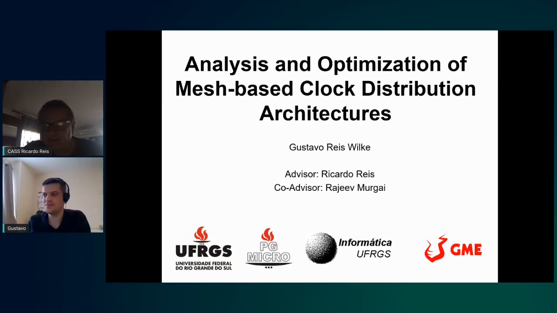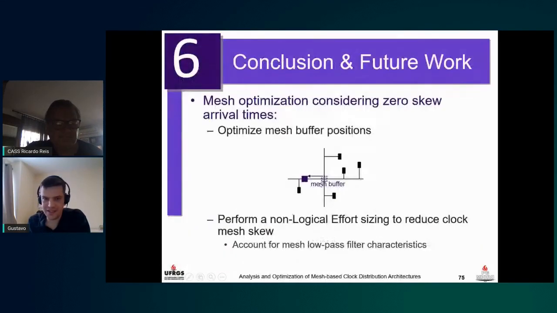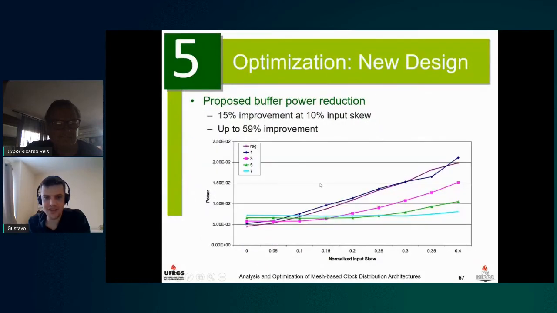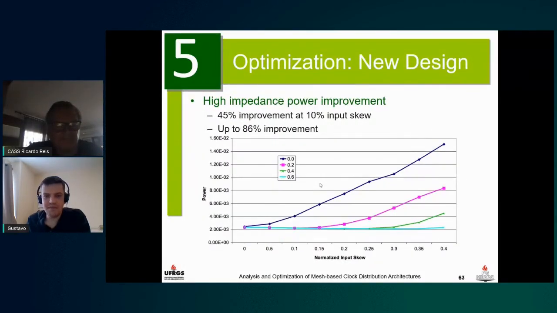There is a question by Anyanda Sundardar, whether introducing a high impedance state would blur the definition of the clock edge and cause time uncertainty. That's a good point. That goes back to the results slide.